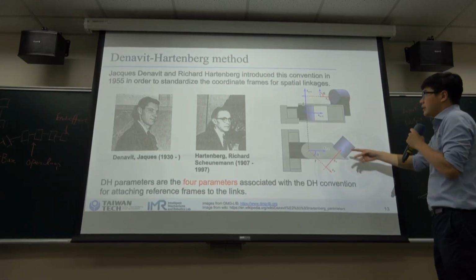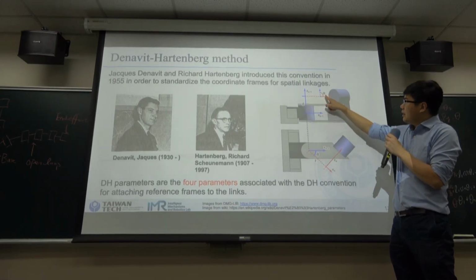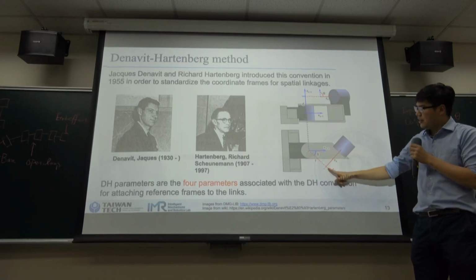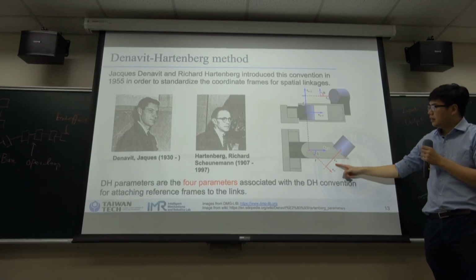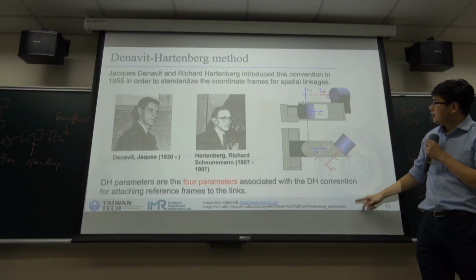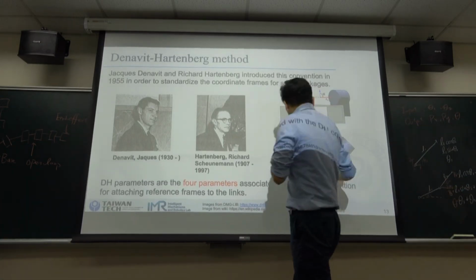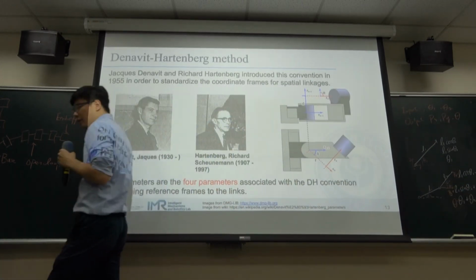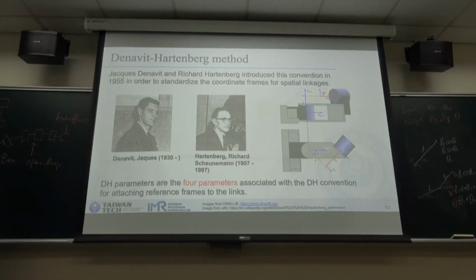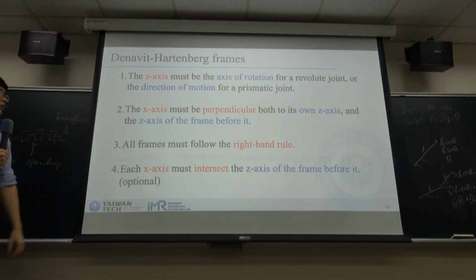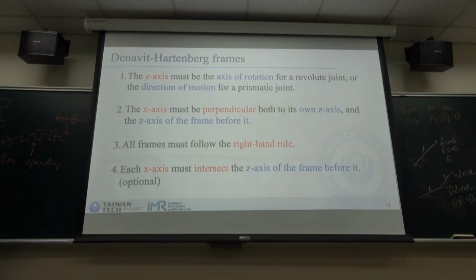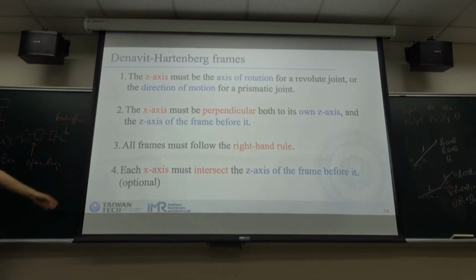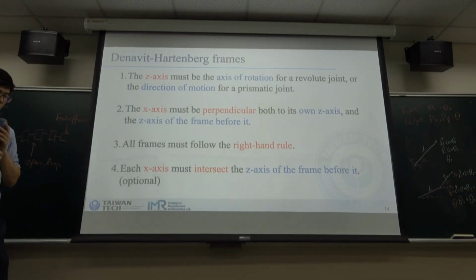The 4 parameters are d, alpha, theta, and the last one is a. These are the DH convention rules, how to set up the local frames.